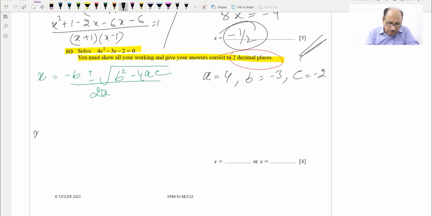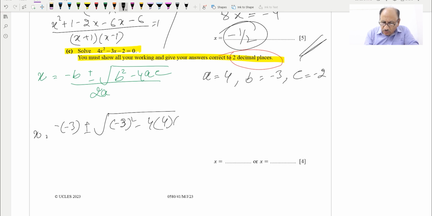These values we will replace in the quadratic formula, in brackets. So minus into minus 3, minus b value, plus minus the square root of b square, meaning minus 3 square, minus 4 into a into c, over 2 into a, which is 4.